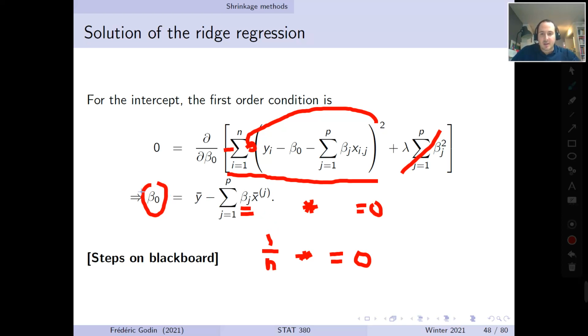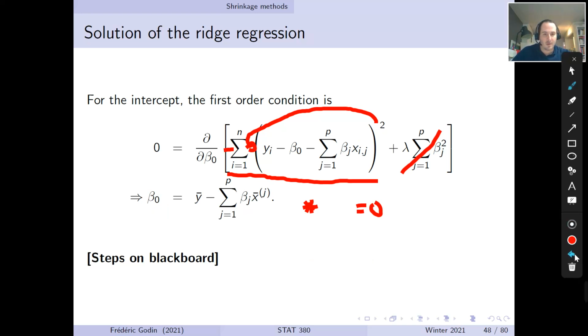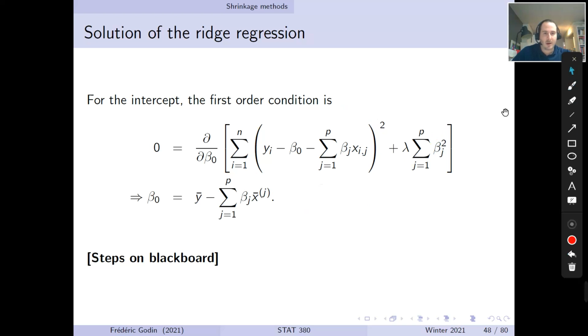Still, we can use this equation to express the quantity above in terms of only beta 1 until beta p and remove beta 0.